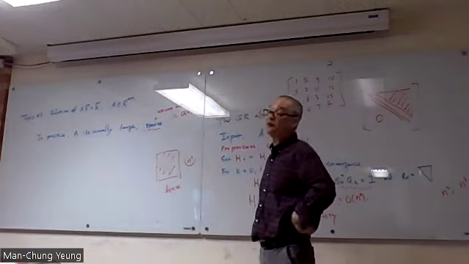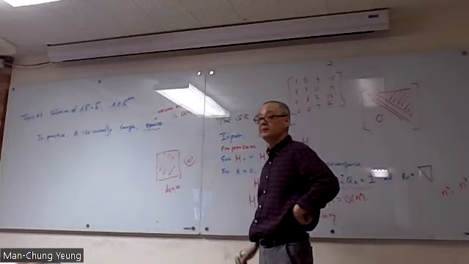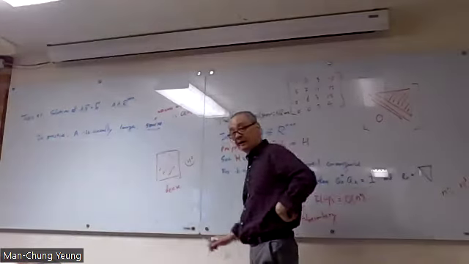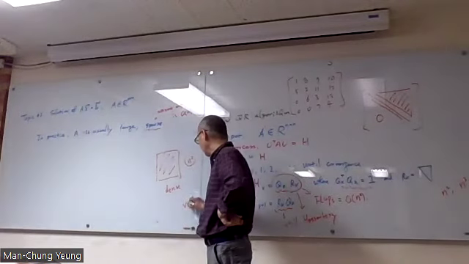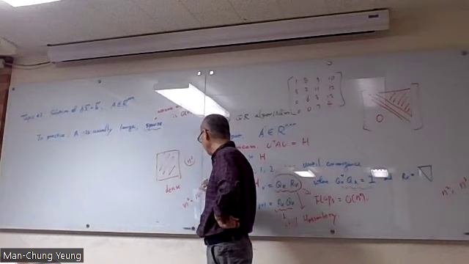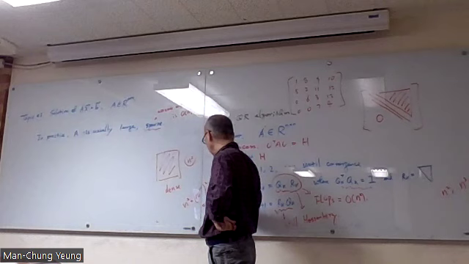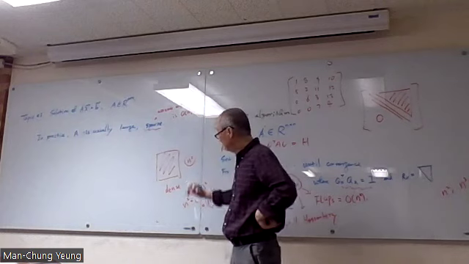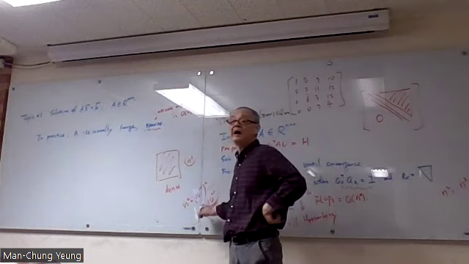If the matrix is full, we call it a dense matrix. Think about that. If n is a billion, 10 to the 9 squared is 10 to the 18. Your computer needs to store so many non-zero numbers.